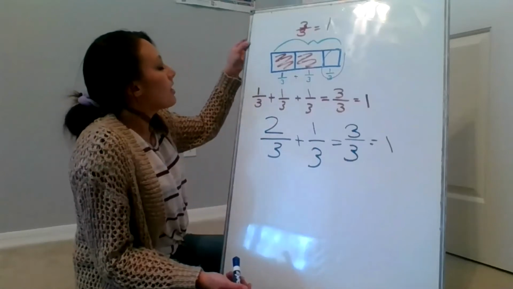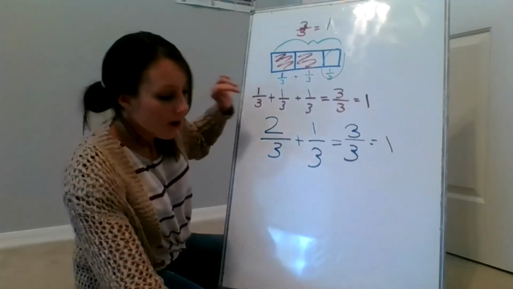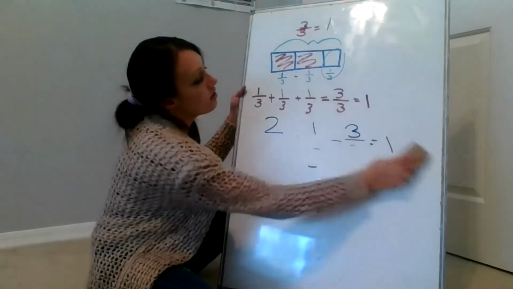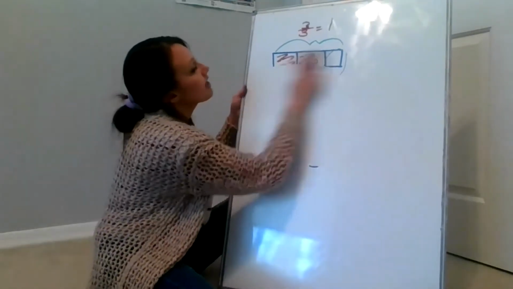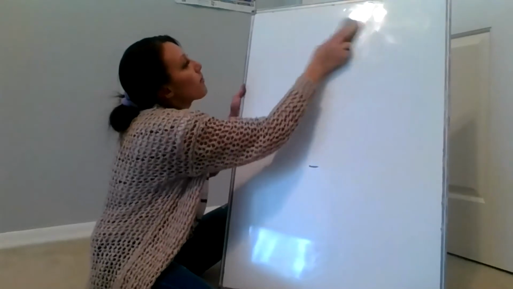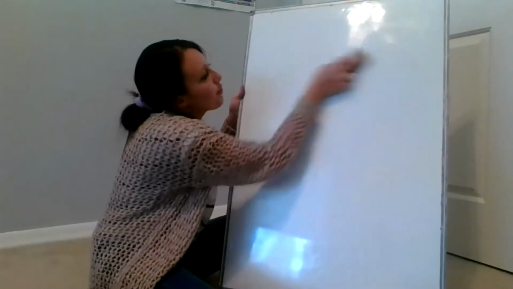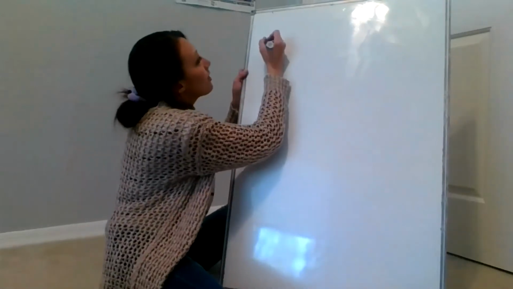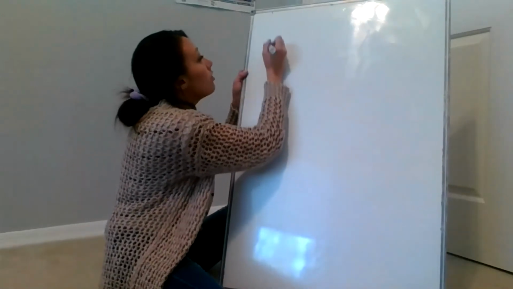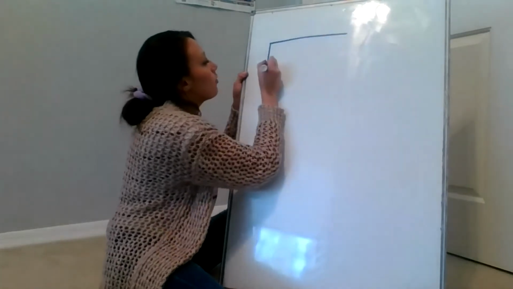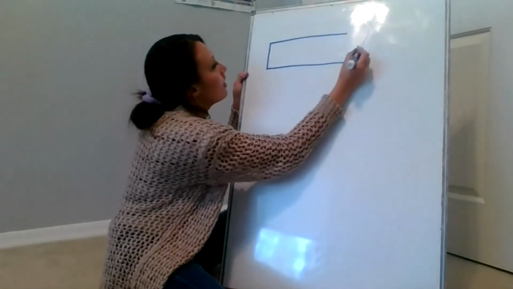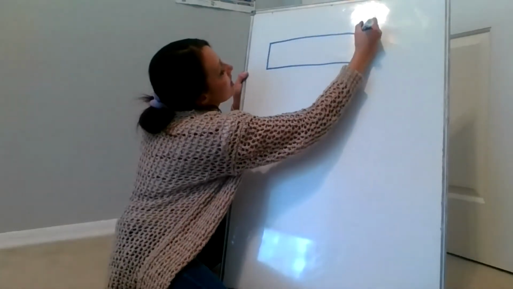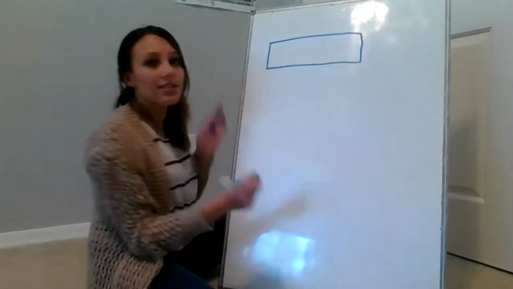So if we think about this, we can also apply this to other problems. So let's try this with a new bar model. So I'm going to have you guys go ahead and you're going to draw a new bar model below this one on your piece of paper. So we're just going to start out by drawing a new diagram, which is going to be our rectangle, just like that.